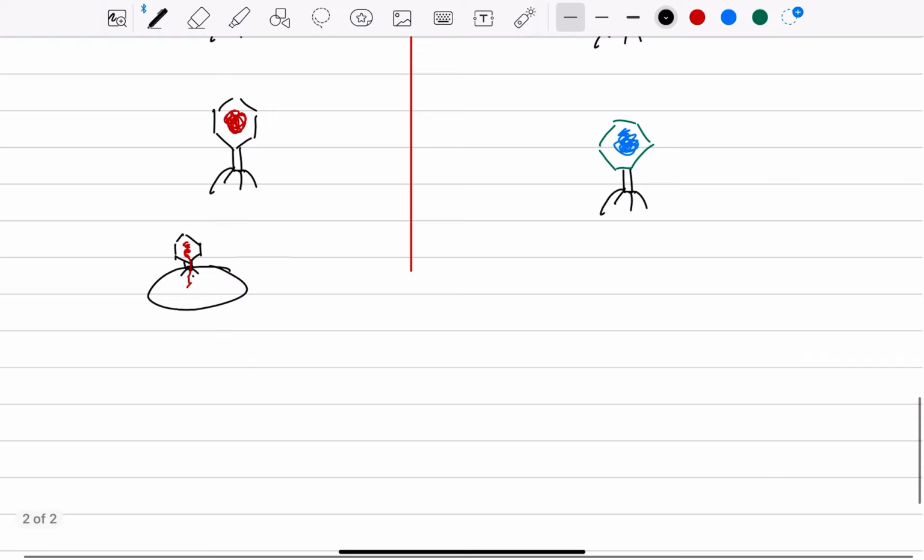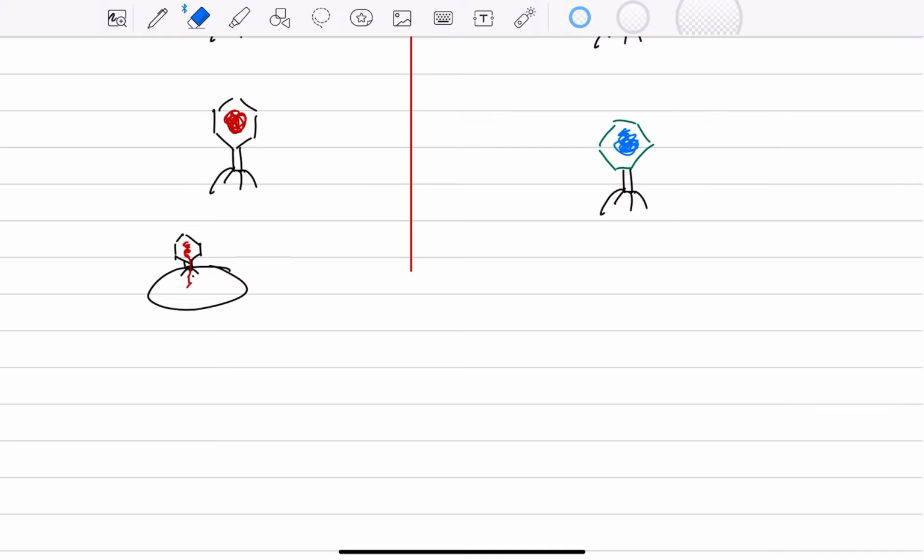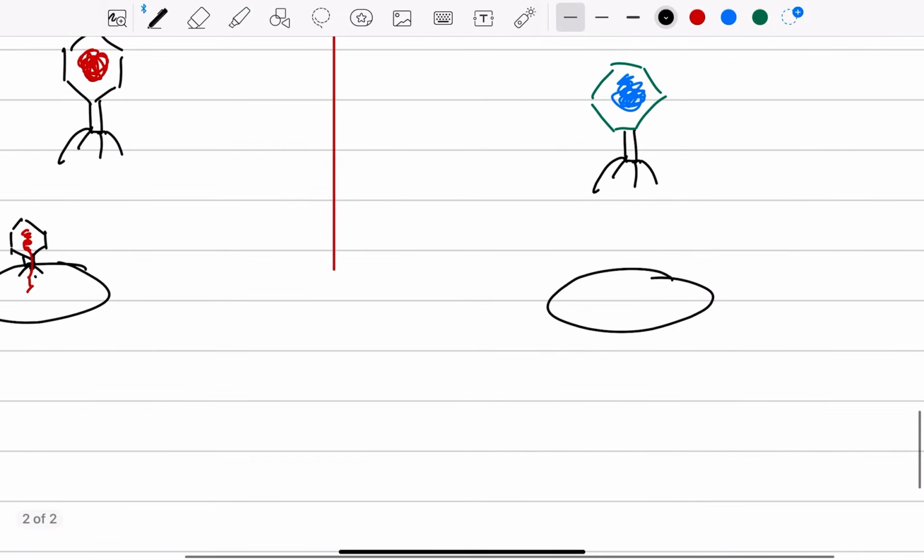So this means that they pass their genetic material to the bacteria, and this bacteria is E. coli. Not really relevant, but most experiments are conducted with E. coli because they're not too dangerous. We can find them pretty easily.